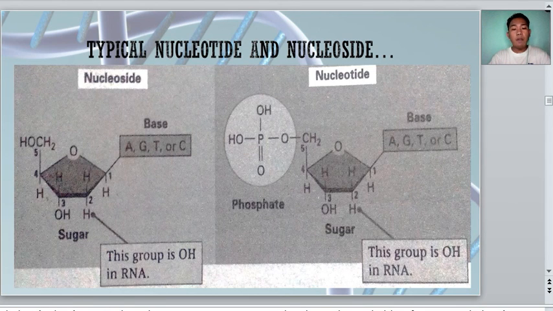Note, in the conventional way, the atoms in a sugar are given prime numbers to distinguish them from atoms in the bases.